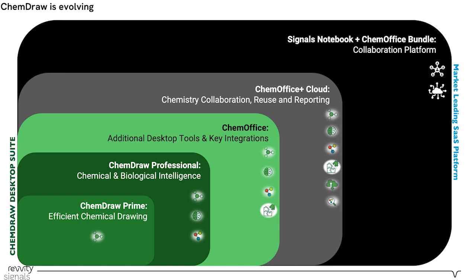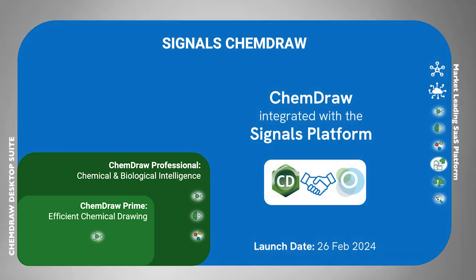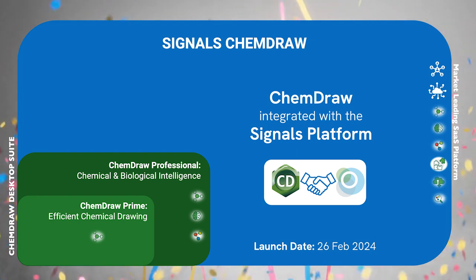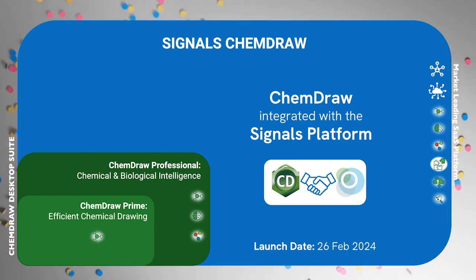So we really wanted to simplify this, also because they're very long names to pronounce, so we also changed that. And we recently introduced what's known as Signals ChemDraw, or in other words, ChemDraw integrated with the Signals platform.